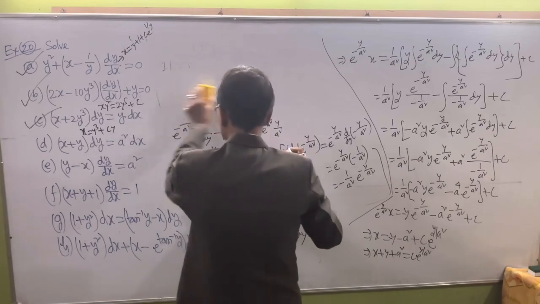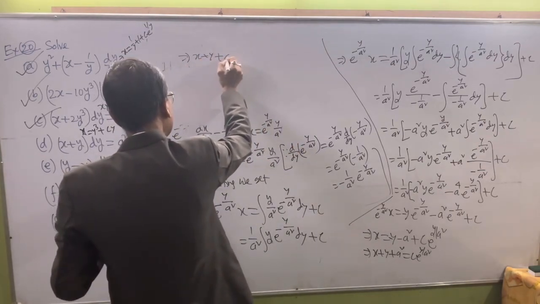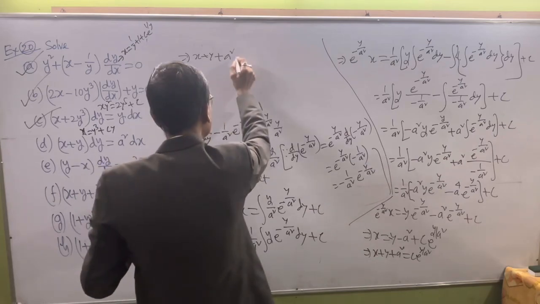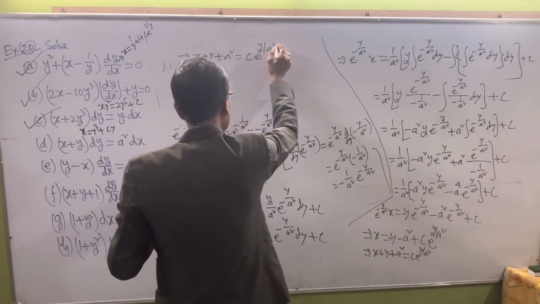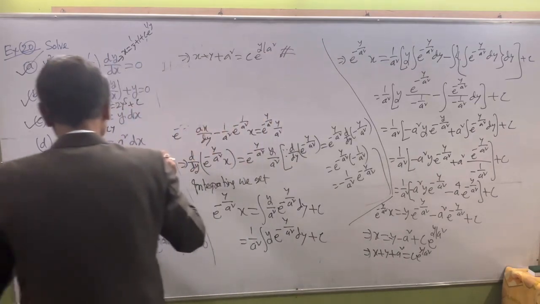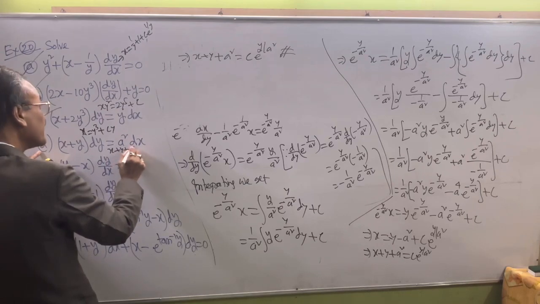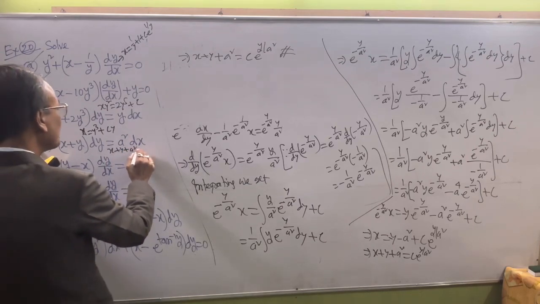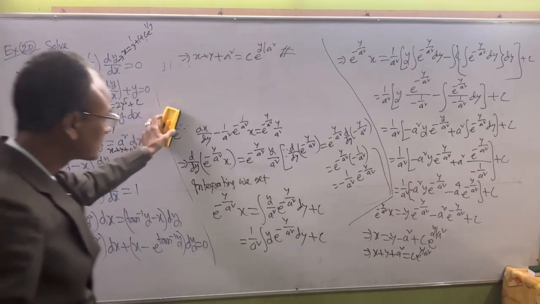I am writing here. This means x plus y plus a square equal to c into e to the power y divided by a square. This is the answer. What is the answer? x plus y plus a square equal to c into e to the power y by a square. This is the answer.